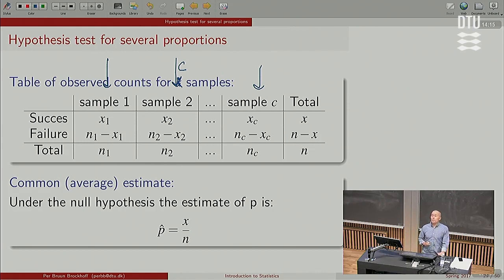Well, what's the approach to compare those proportions? We are going to set up a hypothesis test statistic that in a nice way measures whether these proportions seem to be the same or appear to be different. That's the statistic that we will define now.